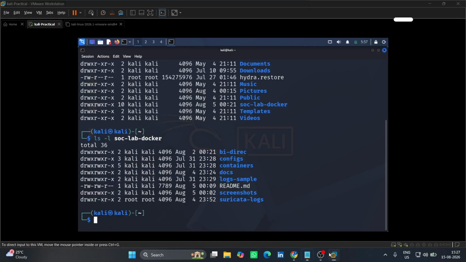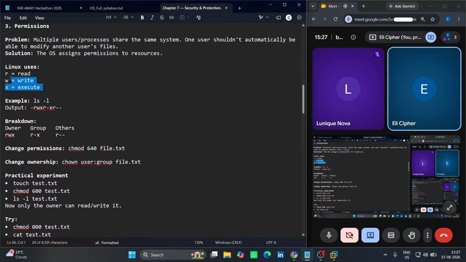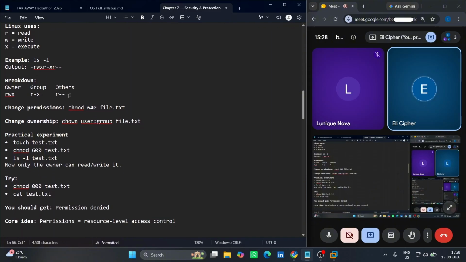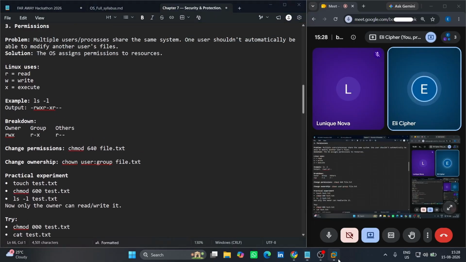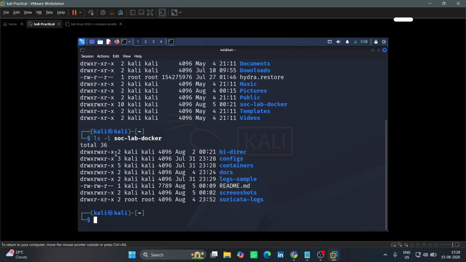Each of 3, because we have only 3 things here: read, write, and execute. So you can remember that only 3 things are there in permission: the permission of read, the permission of write, and the permission of execute. Based on these 3 things, you have to divide it into 3 groups. First group, okay.